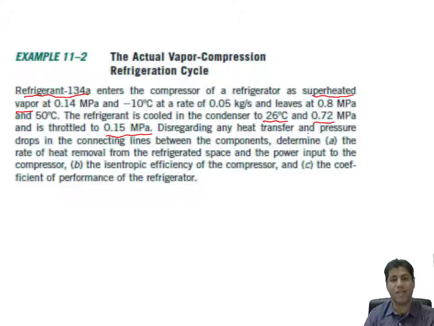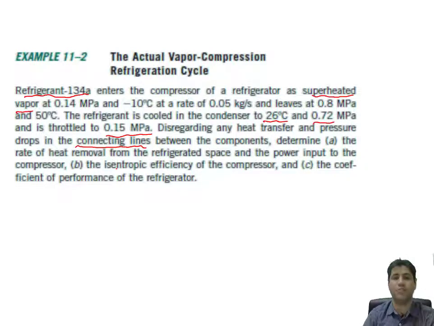Disregarding any heat transfer and pressure drops in the connecting lines, later we will see why this is important, between the components, we need to determine the rate of heat removal from the refrigerated space and the power input to the compressor, Q dot L here and also W dot in.